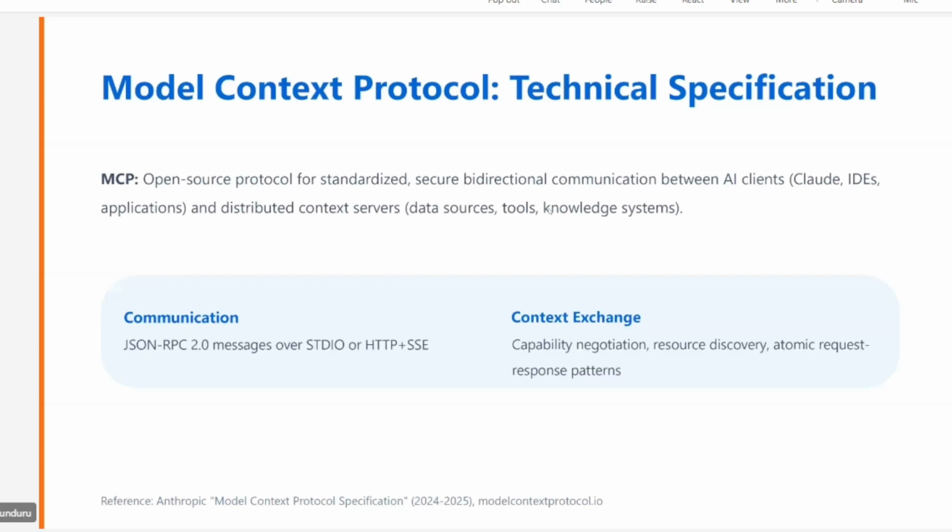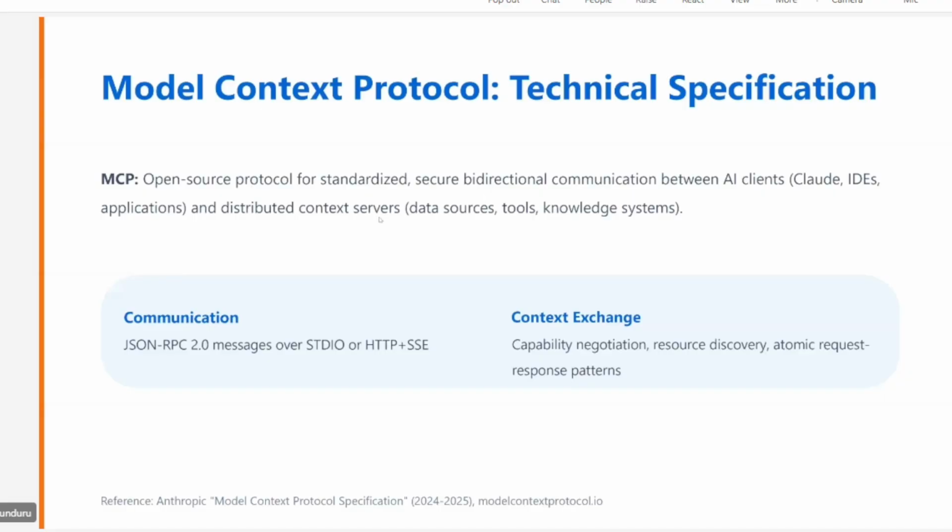Basically here they are context servers, but it could even be resource servers or tools that perform actions and tasks. It standardizes and secures the bidirectional communication between the AI clients and distributed context servers.